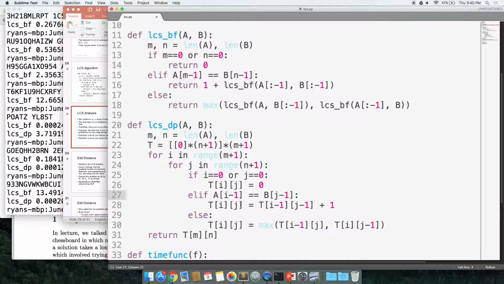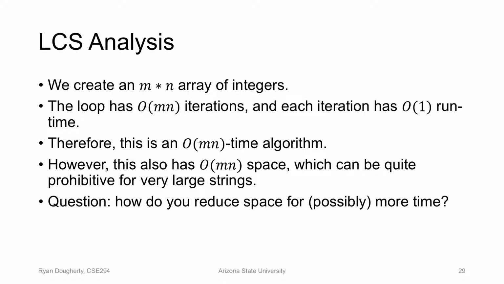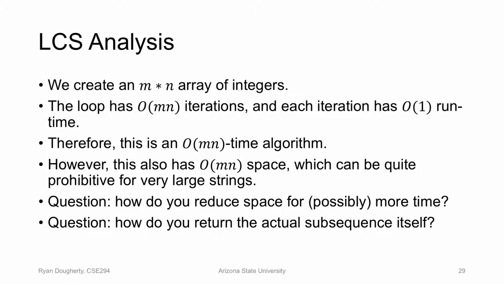So when you have this upward left motion, so basically when the characters are the same, you're going to read off the character at that point. Okay, that'd be a fun exercise to do. If you want to code that up for fun, let me know if you can actually get the subsequence back. Okay. So any questions on longest common subsequence?